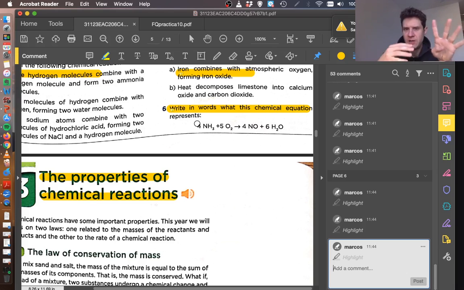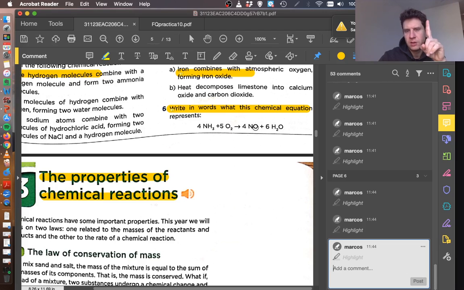If we want to use less ammonia and less oxygen, it must be in the same proportion, so we need to divide all of them by the same number. For example, if I divide 4 by 4, it is 1 ammonia, and 5 divided by 4 oxygens.